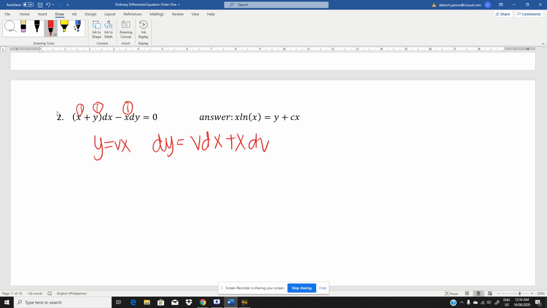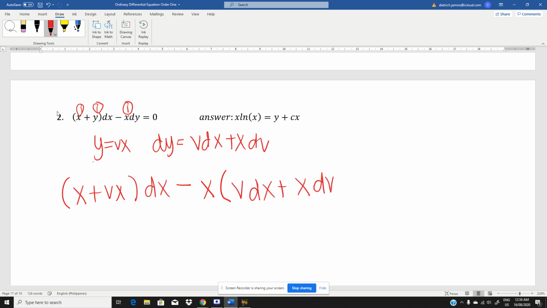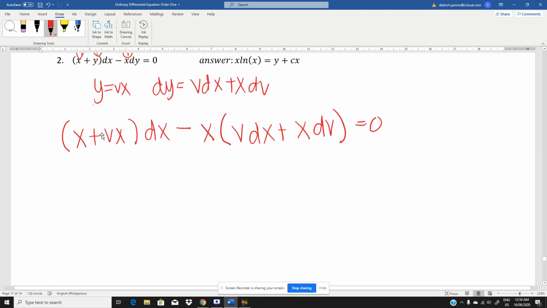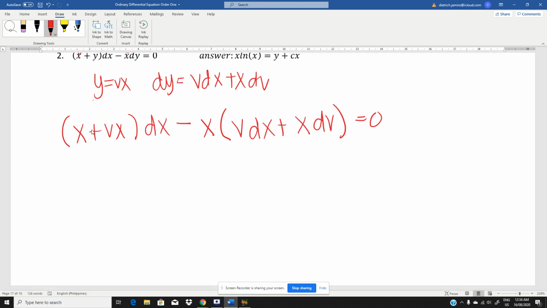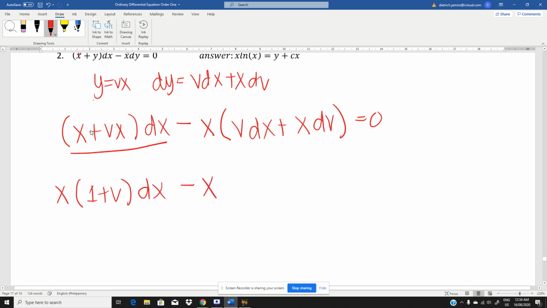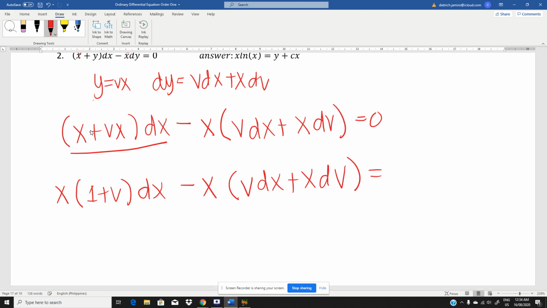Then substituting this into our problem, we will have (x + vx) dx − x times our dy, which is equivalent to (v dx + x dv), is equal to 0. So factoring x on our first term, we will have x(1 + v) dx − x(v dx + x dv) is equivalent to 0.